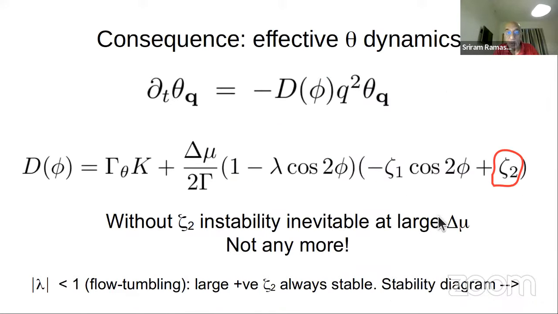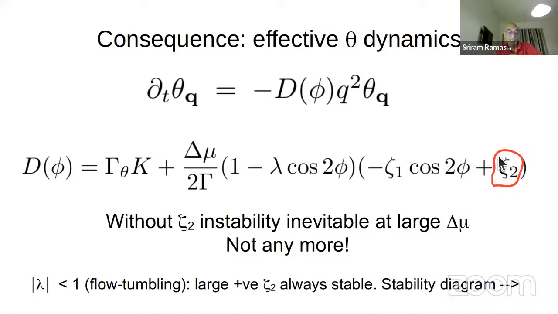The net effect is you get the original elasticity stabilizing term, and you get an active term which is now also at order q squared. It has a coefficient that involves this new active, off-diagonal kinetic coefficient, and you can actually get rid of the instability altogether in this confined geometry.